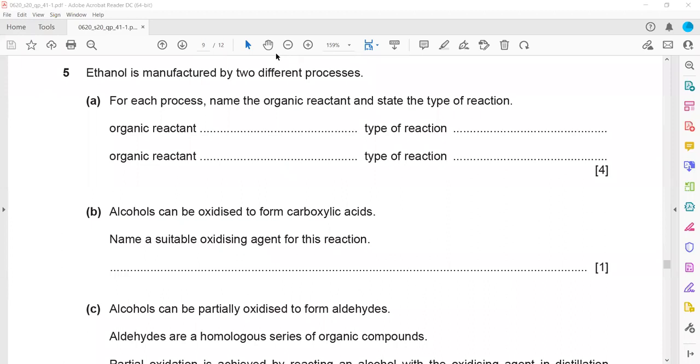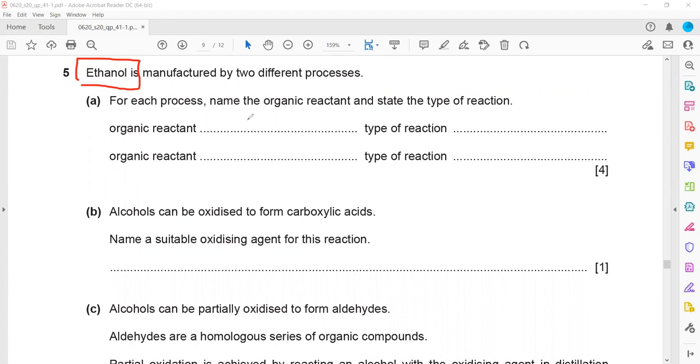Question 5: ethanol is manufactured by 2 different processes. For each process, name the organic reactant and state the type of reaction. So how can we prepare this alcohol, ethanol? One is by fermentation, another one is by reaction of steam with ethene.